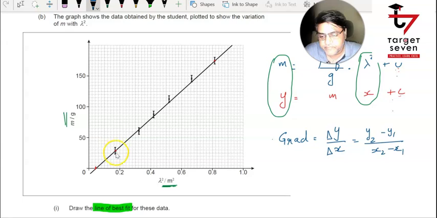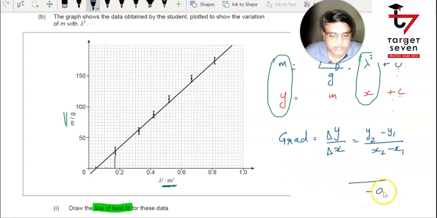The data point here would be around, so this is 1, 2, 3, 4, 5, 6, 7, 8. So 8.5. 8 will be 0.16, 0.17. So 0.17, and this one here would be around over there, 1, 2, 3, 4, 5, 6.